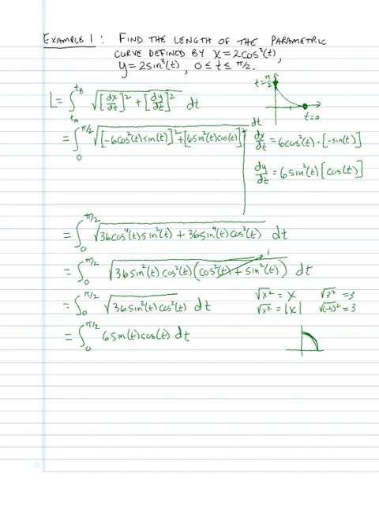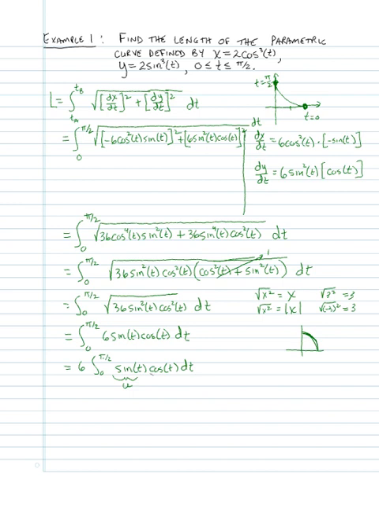Clearly, we can factor out the 6. So we have the integral of sine of t cosine of t dt. And we could do a very simple substitution. We could say, let's let sine of t represent u. Then if that's the case, du, that is the derivative of u, the derivative of sine of t, would be cosine t dt.